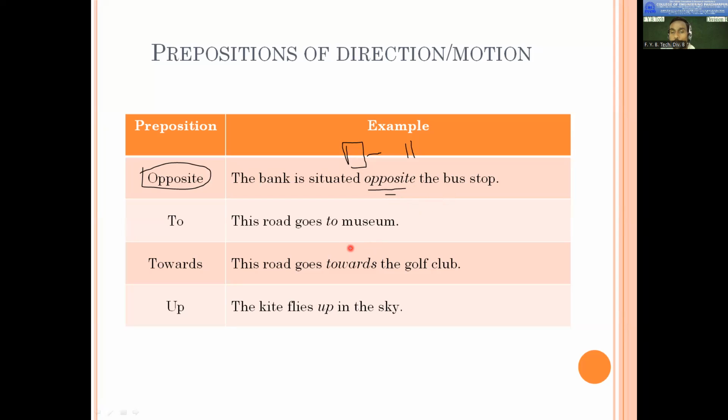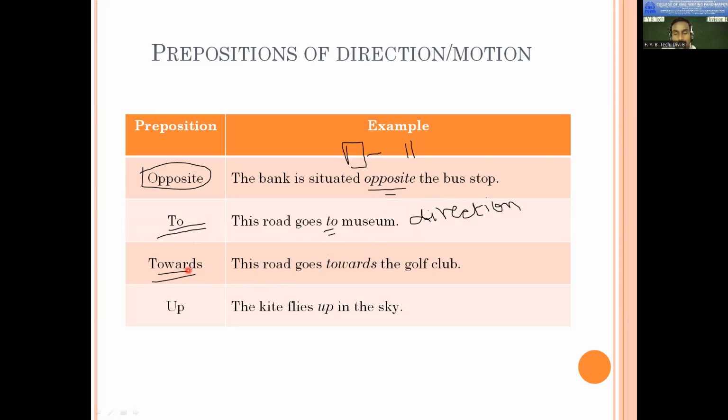You people can use. And again, we are getting here now the preposition to, and now this to shows direction. Okay, so this shows direction. So if you read the example, this road goes to museum. So to means towards. Okay, it can be similar.